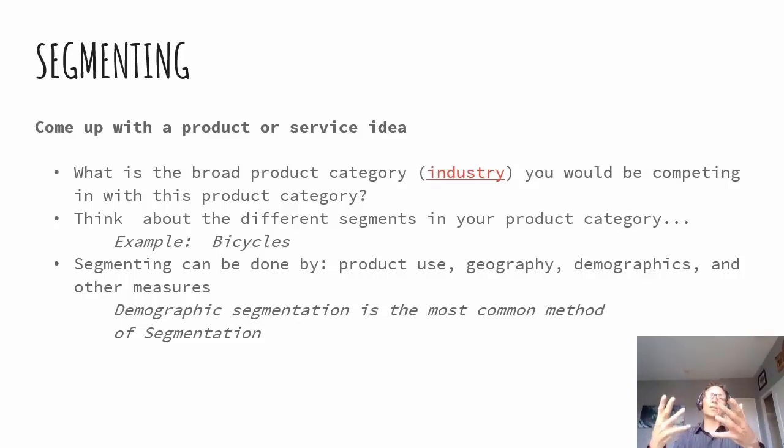But more commonly as marketers, when we think of segmenting, we want to segment by type of user. Who's the actual user? So instead of saying beach cruisers, we'd say young adults between the ages of 18 and 24 would be most commonly beach cruisers. And they're in warm climates, right?